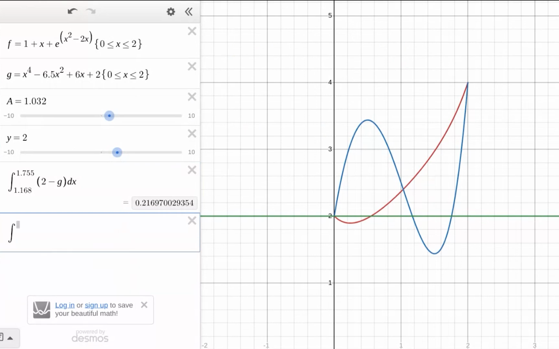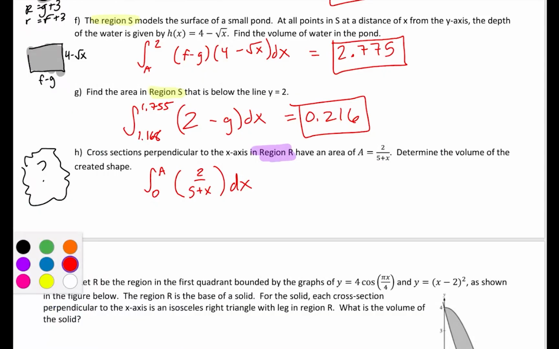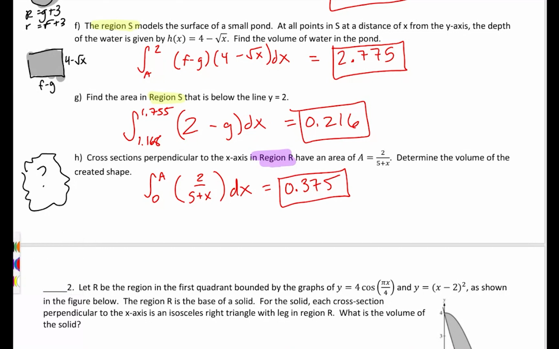The integral from 0 to A of 2 over, I think it was 5 plus x. I'll double check, but I think that was right. And so I get 0.375. And yeah, that is what it was. So this would be 0.375. All right, well, that's the first page and done with problem 1.